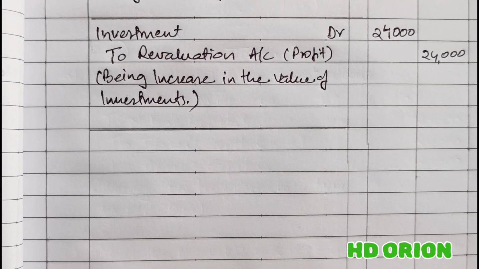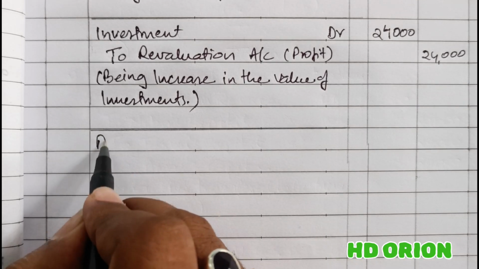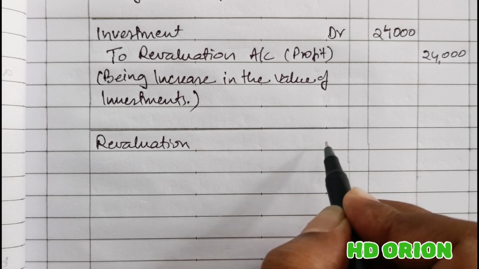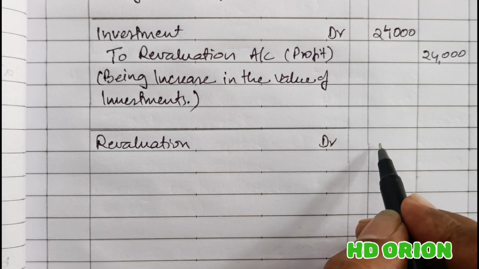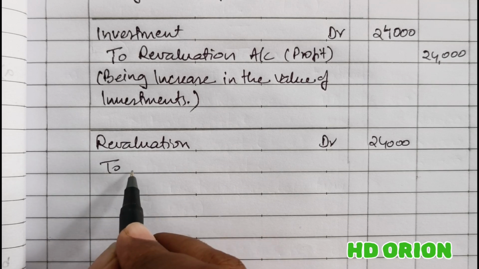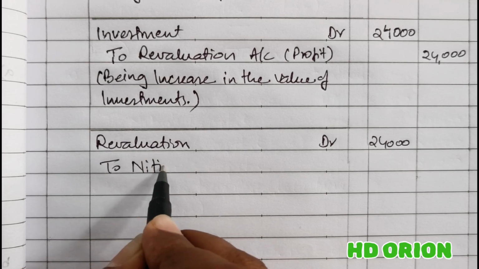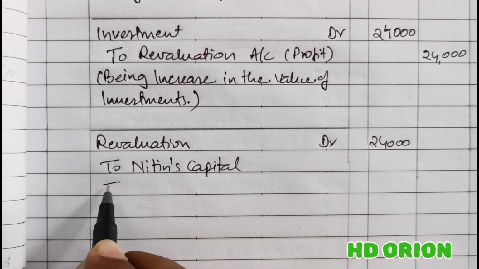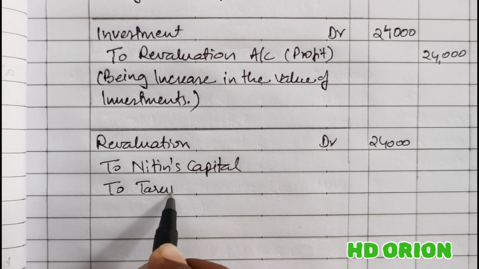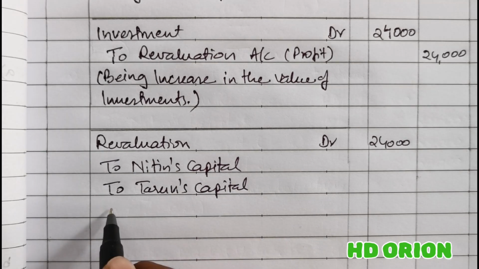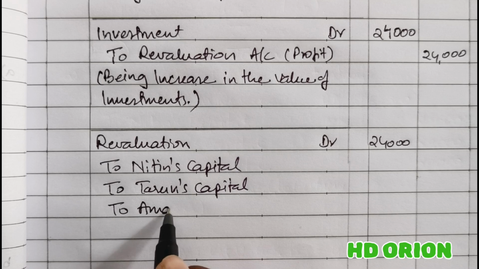Now this profit will be transferred to partners capital account. So revaluation account will be debited, because earlier it is credited, now it will be debited and closed and transferred to partners capital account, to Nitin, to Tarun, and to Amar.